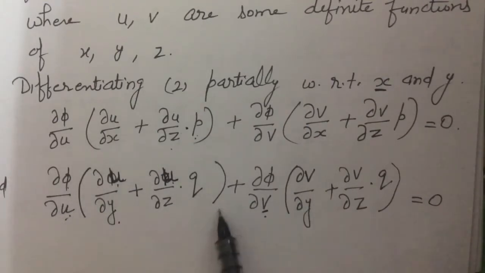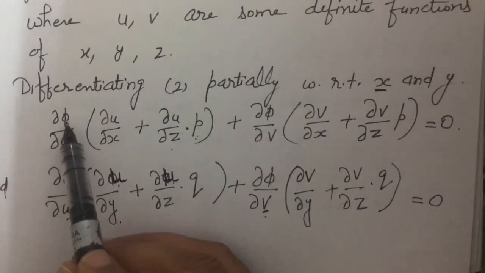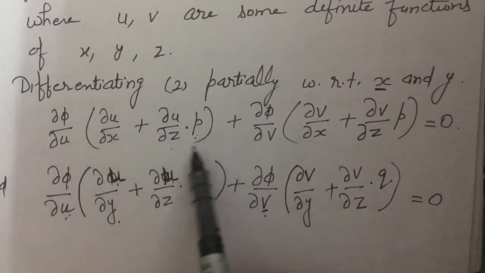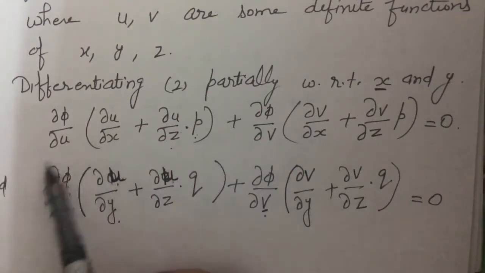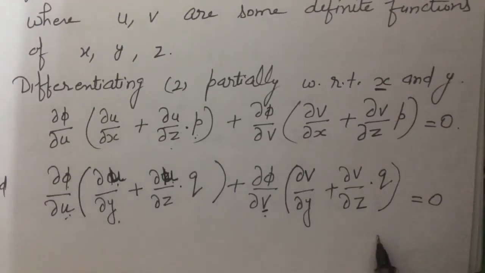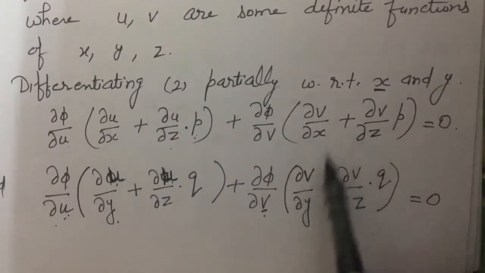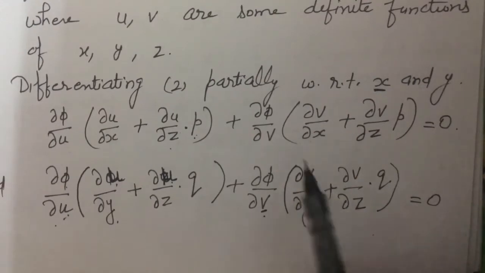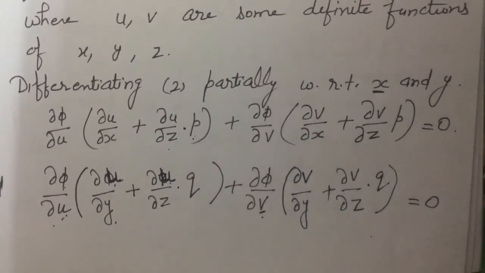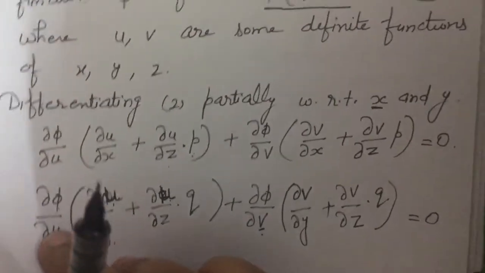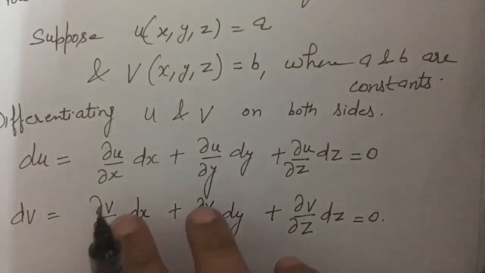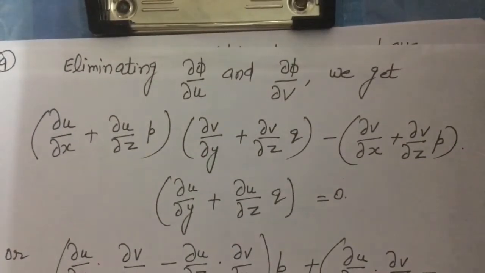The coefficient of ∂phi/∂u in the lower equation is multiplied in the above equation, and the coefficient of ∂phi/∂u in the above equation is multiplied in the lower equation. Then subtracting, these terms are cancelled, and you get the terms in terms of ∂phi/∂v. In this way you can eliminate ∂phi/∂u and ∂phi/∂v.